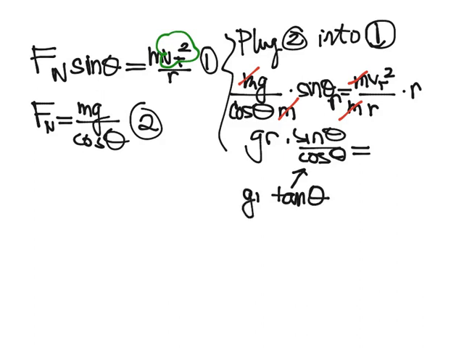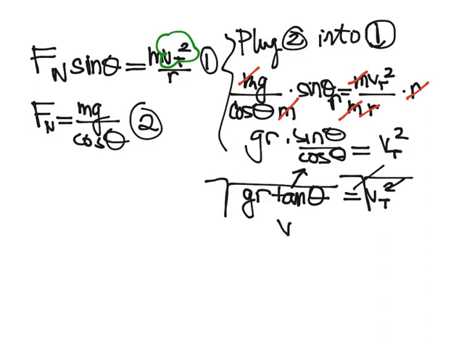So I have gr tan theta is equal to, and all I have left is Vt squared, so the r is canceled out. My very last step is to take the square root, which will cancel out the squared, and I have Vt is equal to the square root of gr tan theta.